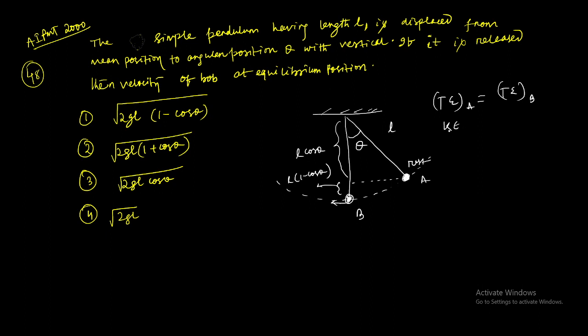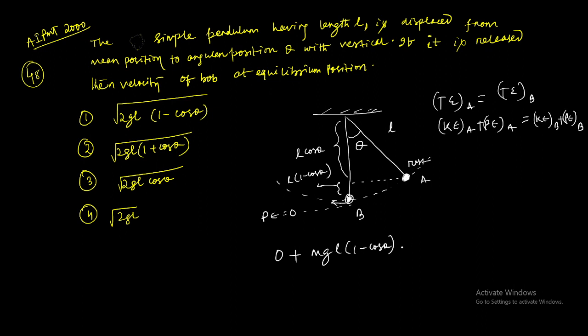So kinetic energy at A plus potential energy at A is equal to kinetic energy at B plus potential energy at B. So kinetic energy at A equals 0, plus potential energy, if I take the potential energy here equal to 0, then potential energy at this point will be mgL(1 minus cos theta), which is equal to kinetic energy at B, half mv square, plus potential energy, which is 0.